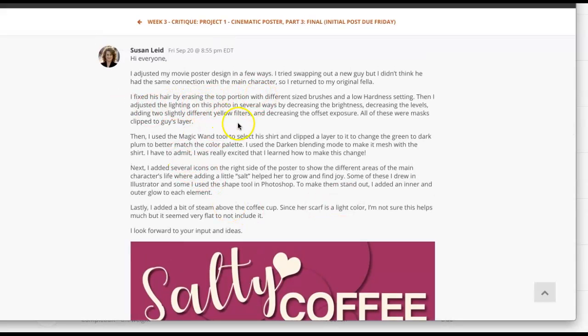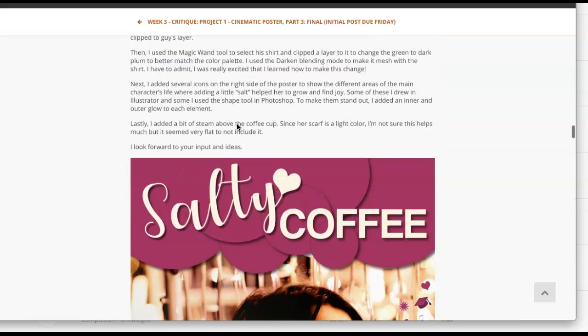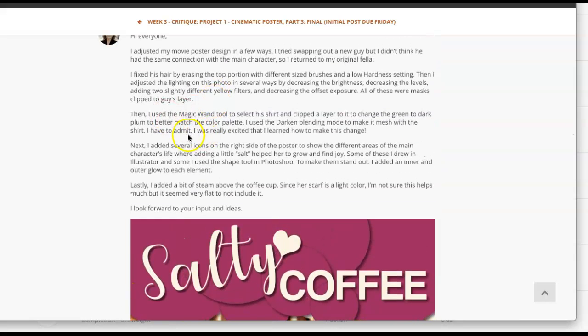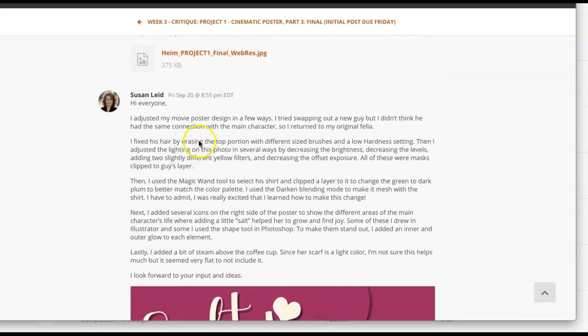You mentioned you changed the hair. That's great. It looks fantastic. But you also used the word eraser, and every time I see the word eraser, I cringe when I'm teaching a Photoshop class, because I think of destruction of pixels, and non-maintenance of non-destructive editing.